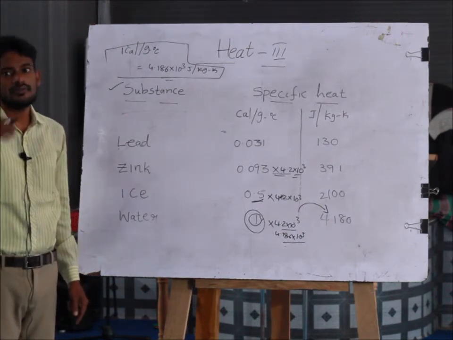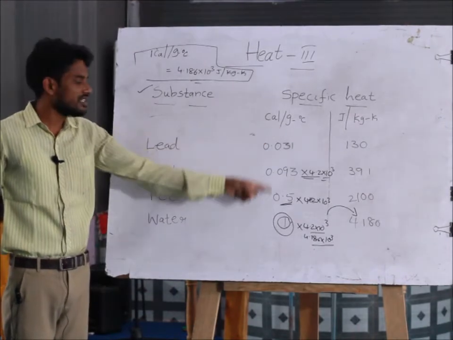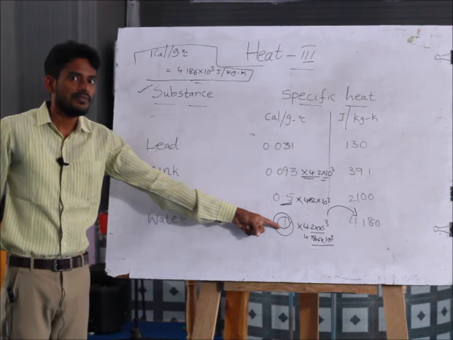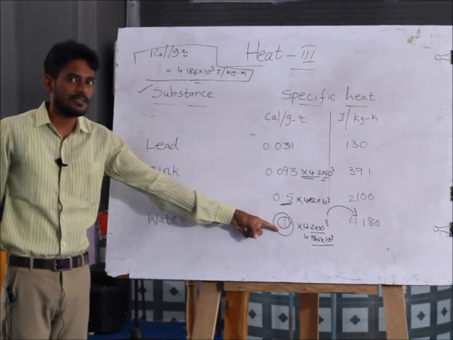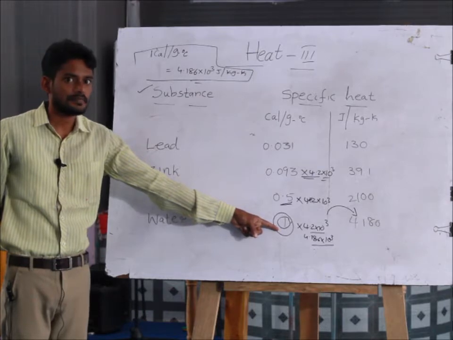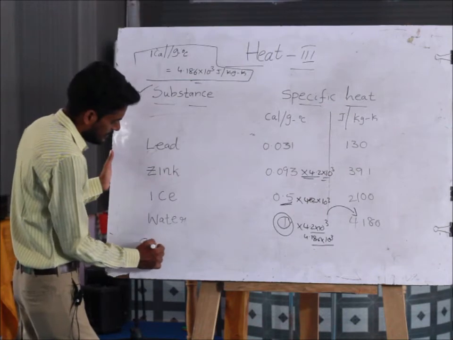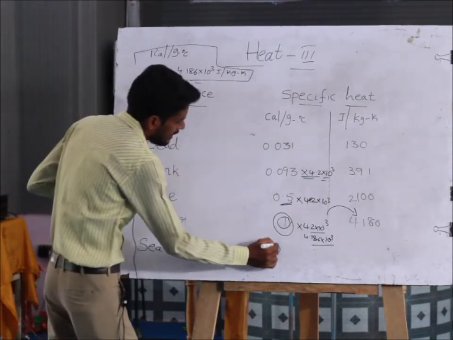Anyway, water specific heat measured in calorie per gram degree centigrade is 1. Water is the substance which has more specific heat. If you take seawater, 0.95.